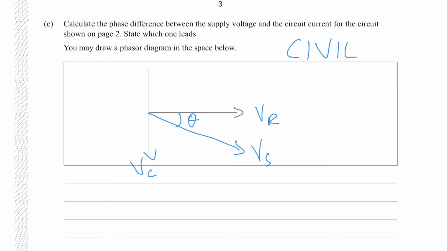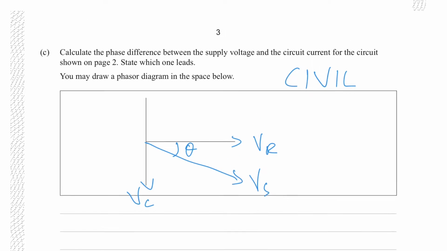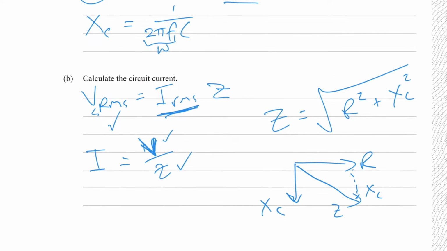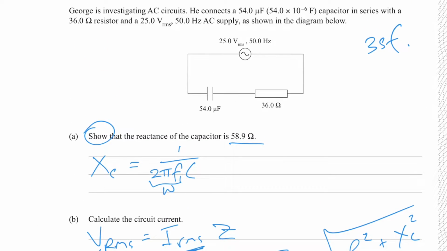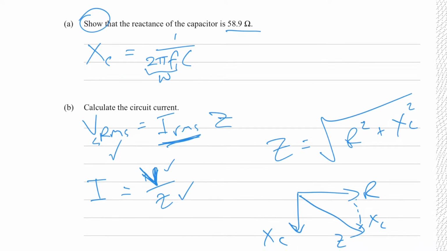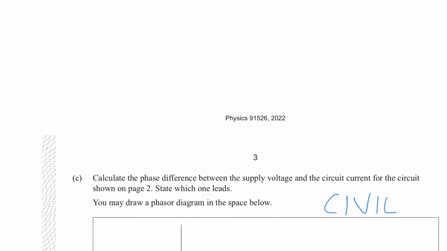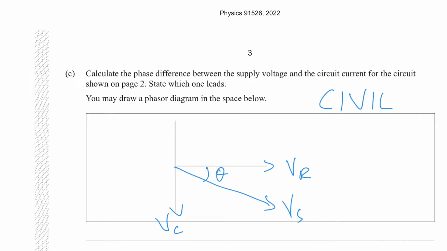So we know, how much information do we know to form this? We're going to have to just rely on the phase difference. This angle will map over to the impedances as well. So if you've got, I'll sketch another little one, you've got R here, you've got XC here, and then you've got Z here.